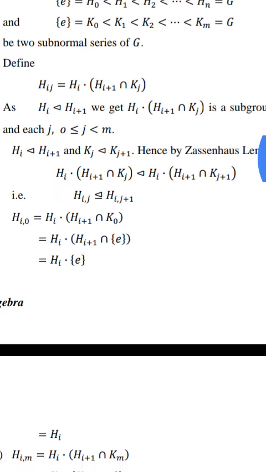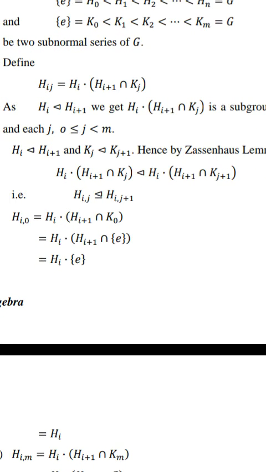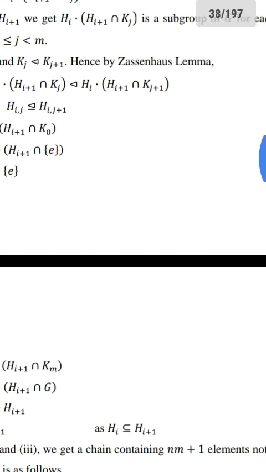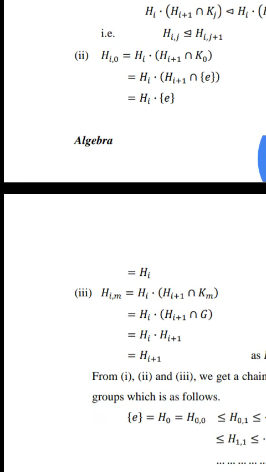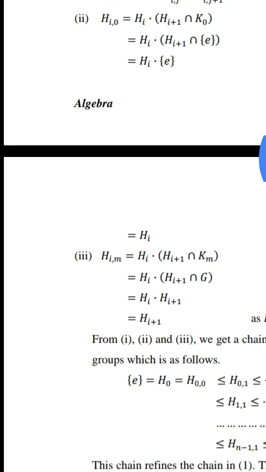Now Hi0 = Hi(Hi+1 ∩ K0) = Hi(Hi+1 ∩ {e}) = Hi{e} = Hi.